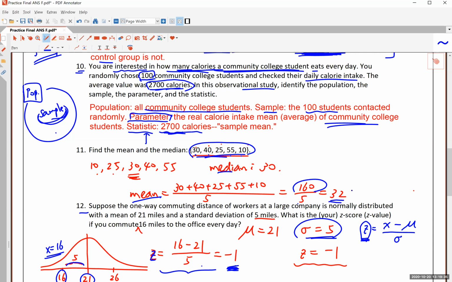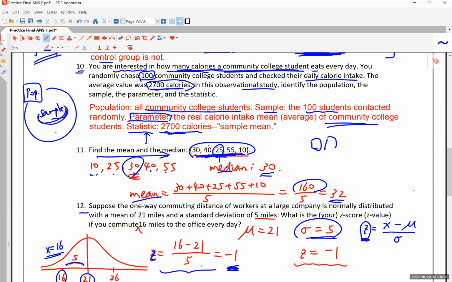Now, to find the median, which is the middle value, you don't want to just pick whatever appears in the middle, unless it's already ordered. This one is not ordered, so let's order them from the smallest, 10, to largest, 55. In this reordered list, you can see the middle value is 30. That's your median.